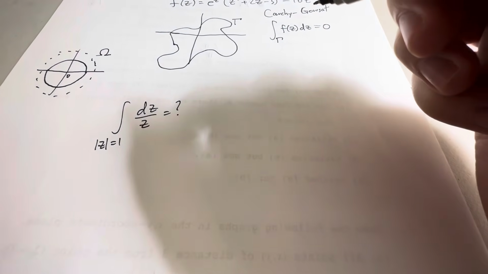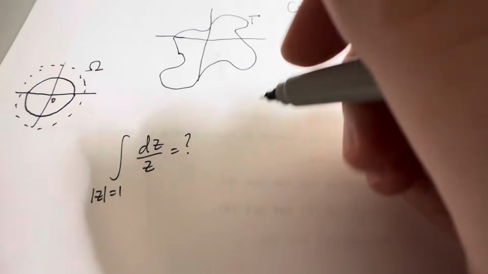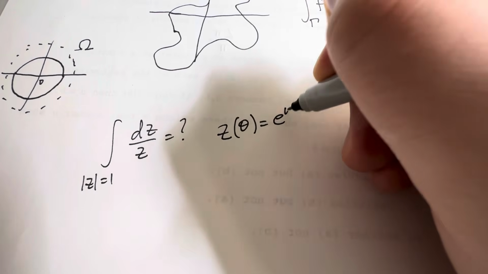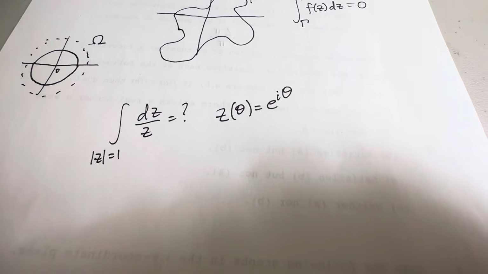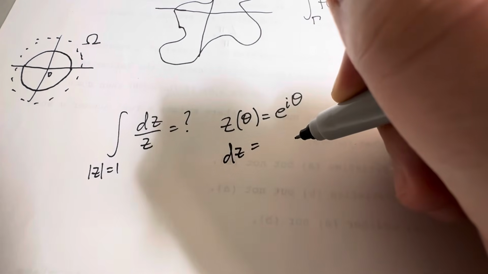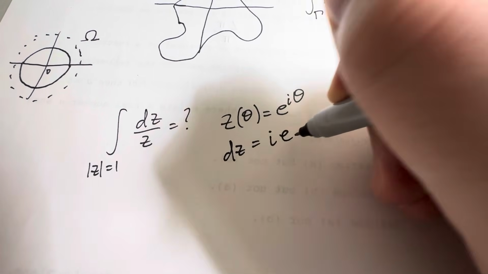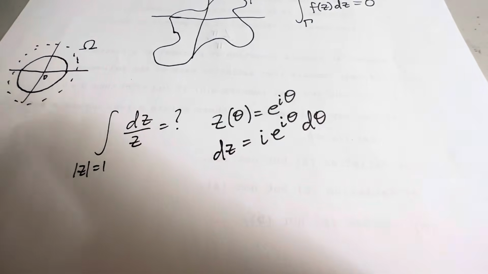Well, what can we say? We can parameterize the curve and write z of theta equal to e to the i theta, which means that dz is the derivative of that with respect to theta, so I get i e to the i theta d theta.